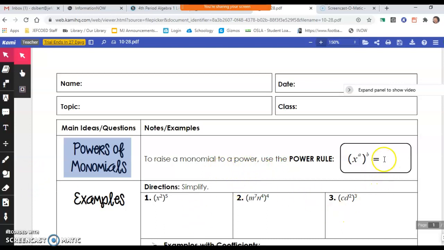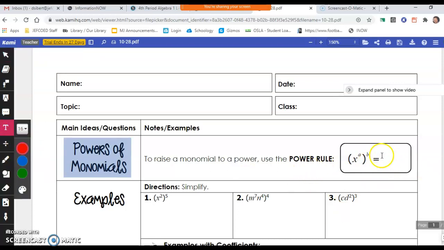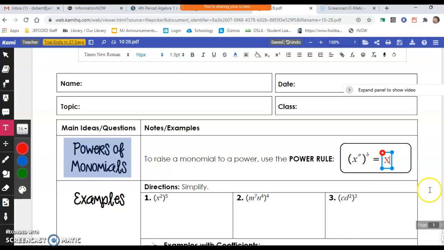And what the power rule states, guys, is that anytime you have a monomial, which is going to be x for us, and it's raised to another power, you are simply going to multiply those two exponents together.